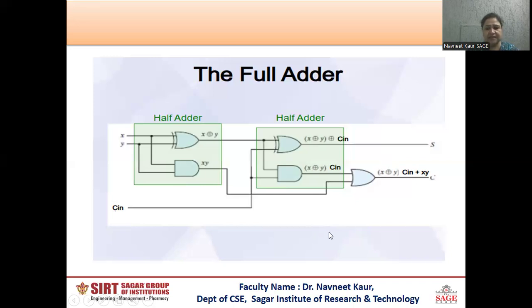Now, if I look at this diagram of the full adder, we can see that this block represents a half adder. Similarly, this block also represents a half adder, and the carry outputs of both the half adders are given to the OR gate. That means the full adder circuit can be represented as the combination of two half adders.